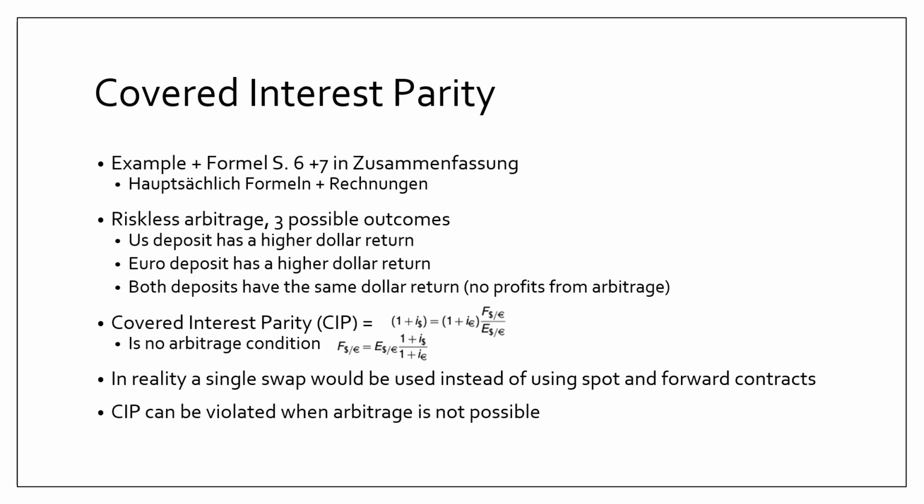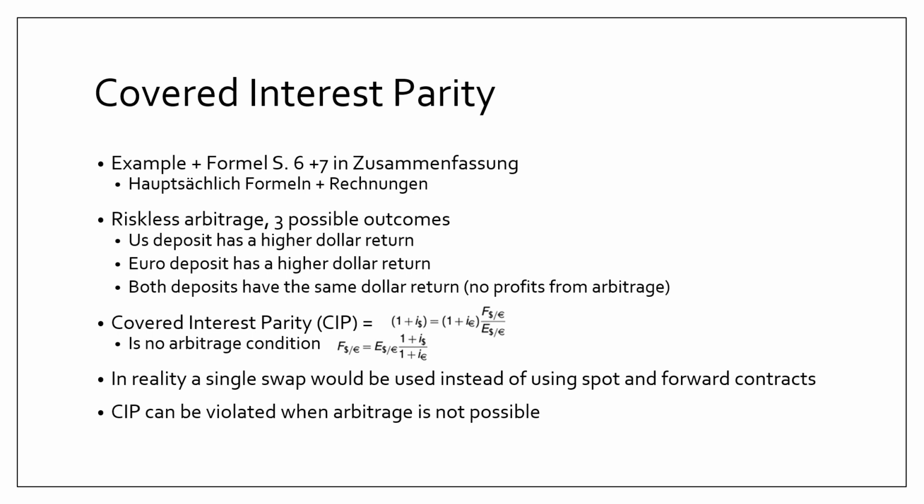Demand rises for forward contracts to exchange euro against dollar in 1 year. The forward exchange rate of USD per euro would decrease, decreasing the right side until equality was achieved.